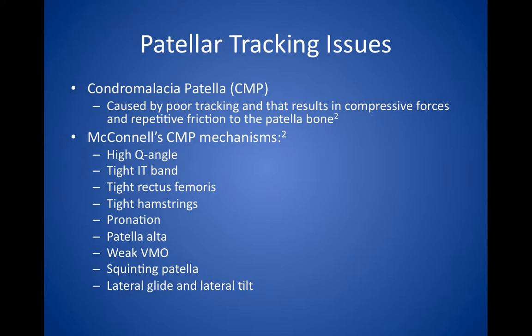McConnell's CMP mechanisms include a high Q angle, tight IT band, tight rectus femoris, tight hamstrings, pronation, patella alta, a weak VMO, squinting patella, and lateral glide and lateral tilt of the patella. Just to add on to that, CMP is the erosion of the inner surface of the patella cartilage, and this is one of the most common patellofemoral pain syndrome pathologies.